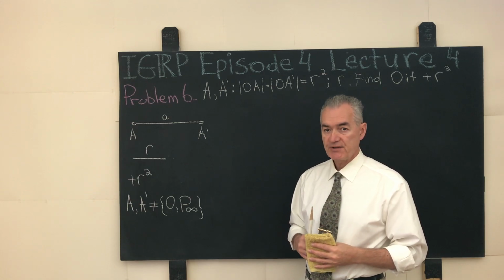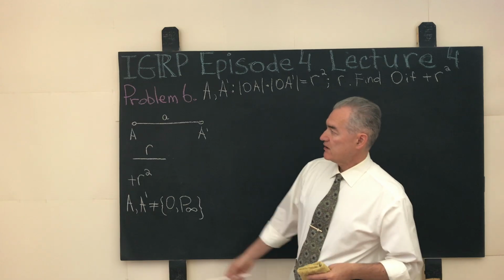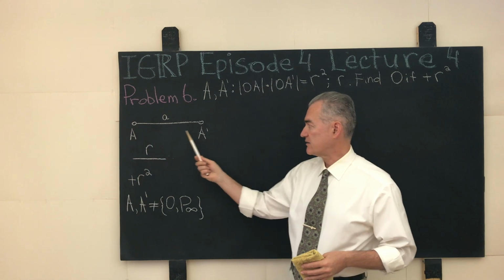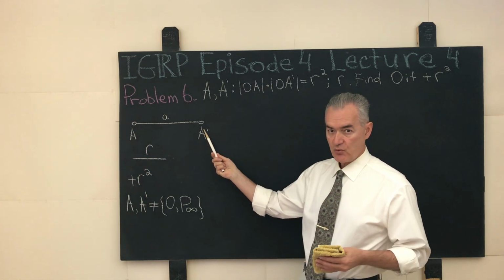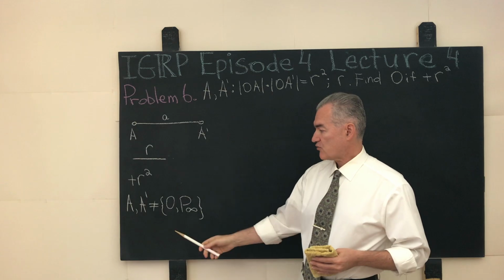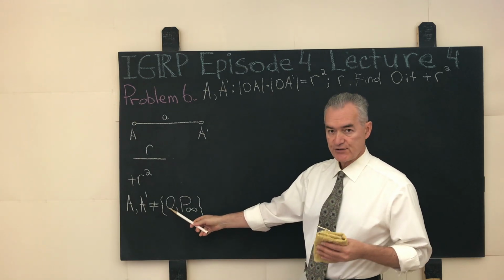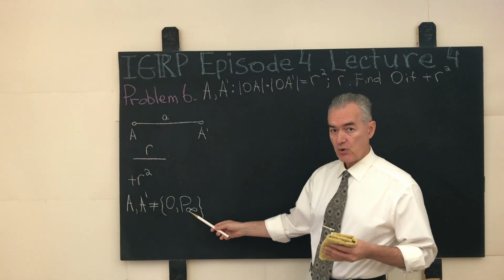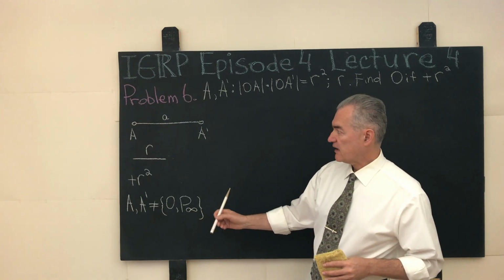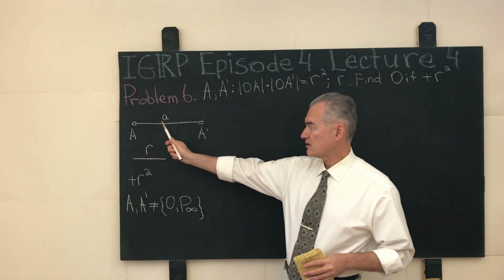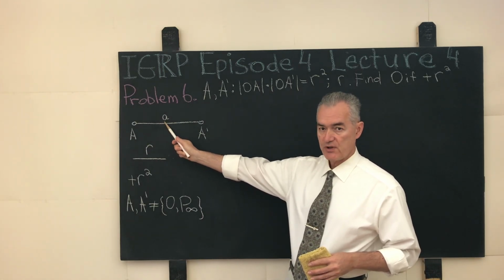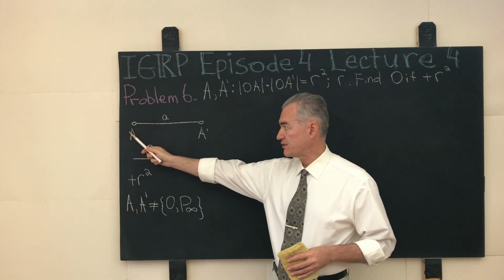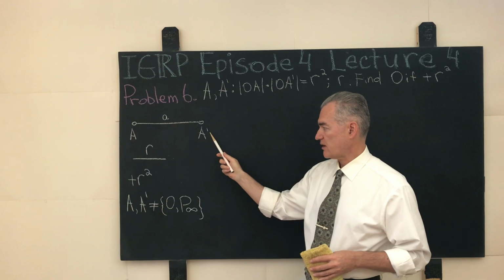That means that in this problem, we're given two distinct points, A and A prime, each of which is distinct from the center of inversion that is sought after and the point at infinity. And that means that we are effectively given a line segment whose length I designated with the lowercase a, that is delineated by the given points A and A prime.